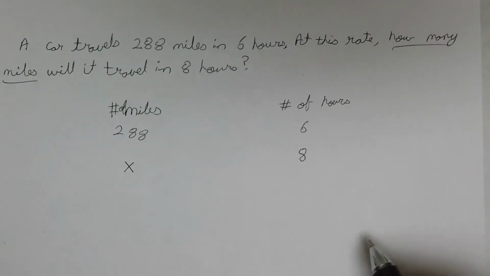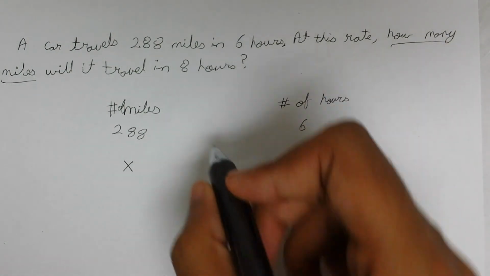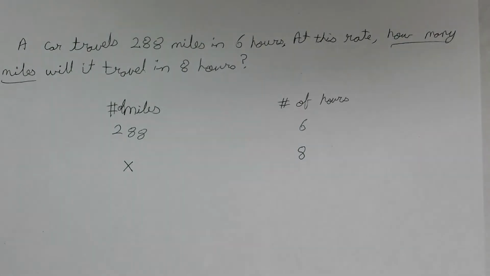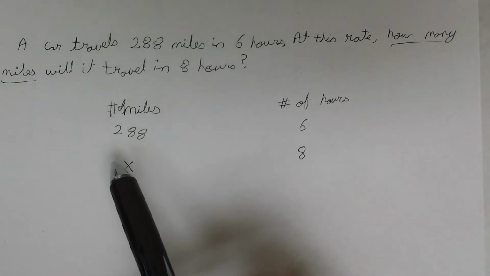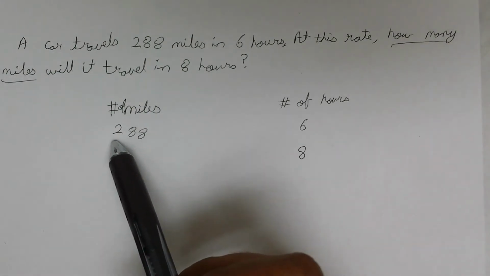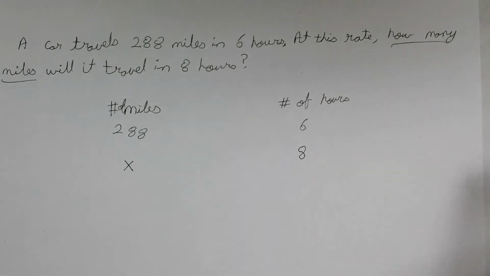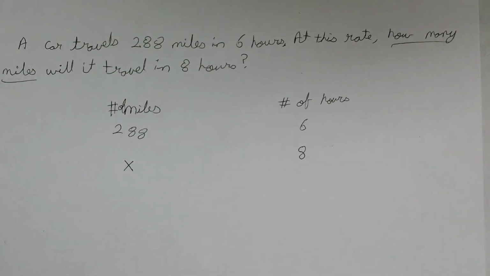So basically, the if sentence: if a car can travel 288 miles in 6 hours, then how many miles will it travel in 8 hours? That's my way of putting it in an if sentence.